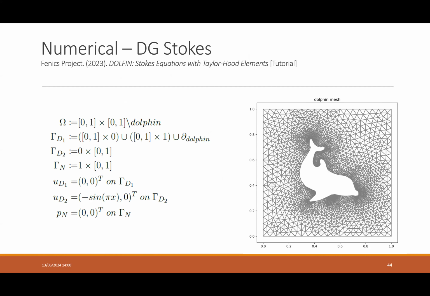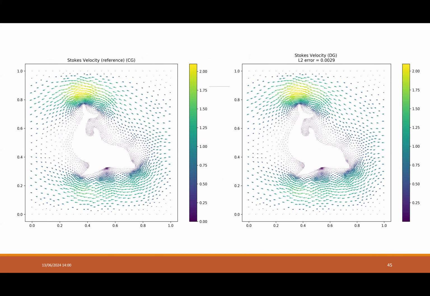All this was implemented, and I went for a well-known tutorial, flow past a dolphin. We have examples in CG and DG, and I wanted to compare both methods. Since I don't really have a reference value to compare, it was through visualization and trying to get the L2 error.